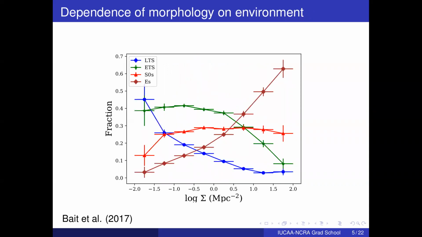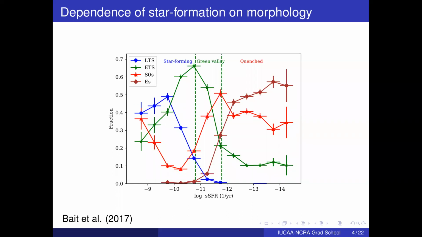Now you ask the question, how does morphology depend on environment? In every class, there are at least 1,000 galaxies, but not in each bin. There are about 10 bins, so in each bin you may have 100 or even fewer. In some classes like the early type spirals, you have a lot of galaxies.